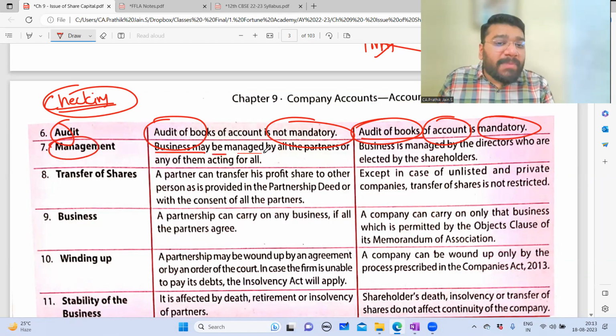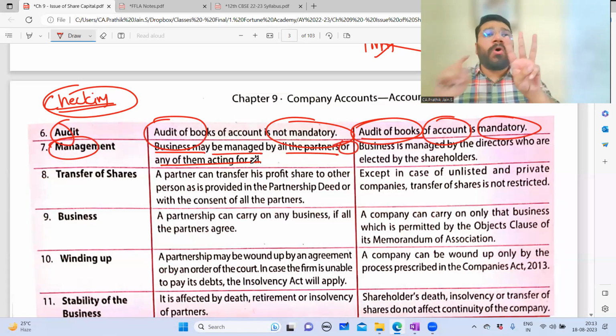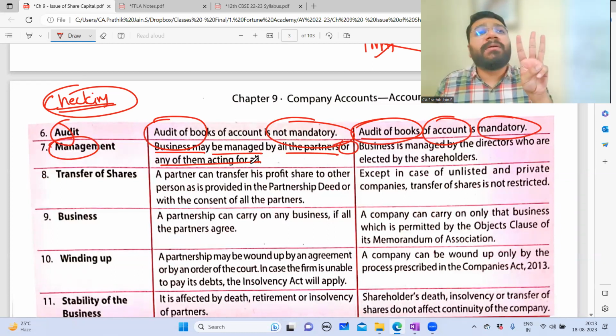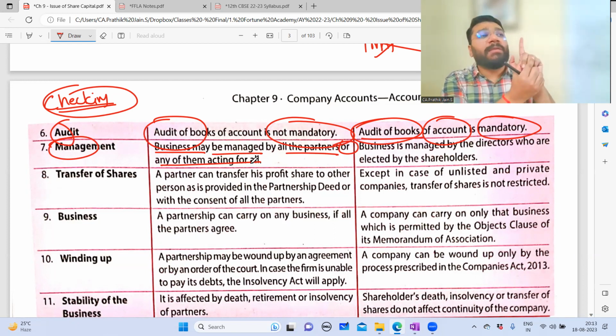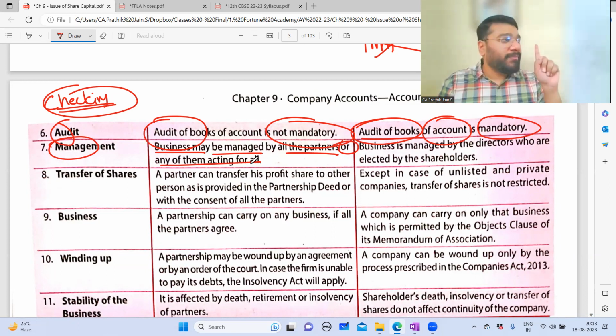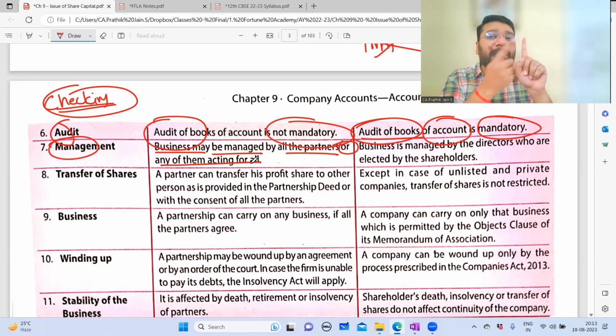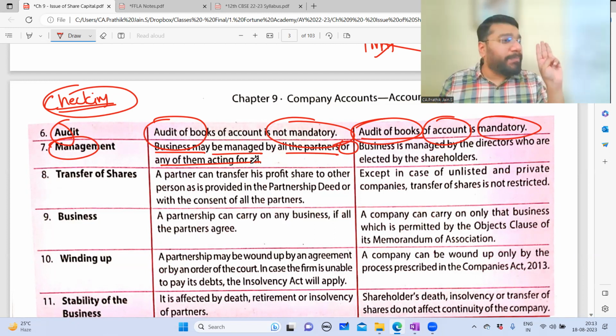Management. Business may be managed by all the partners or by any of them acting on behalf of all the other partners. If there are three partners, all three people can participate in the management of the business. Or two people will say, we are going to sleep at home, you alone manage. So this person is acting and making the decisions on behalf of all three people.